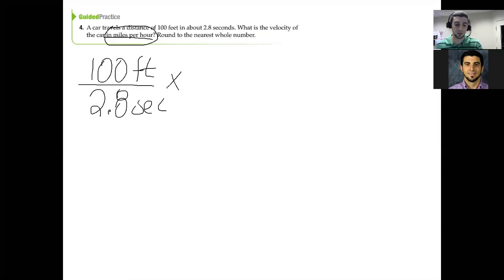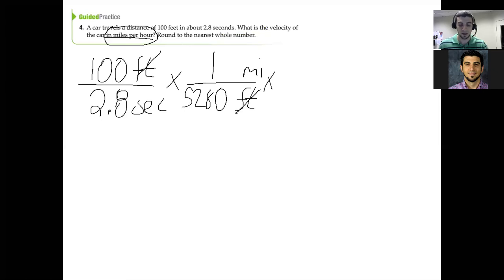Okay, so here's how I'm going to do it. I'm going to first convert the feet into miles, because we know that 5,280 feet equals 1 mile. So I need to have my feet in the denominator and the miles in the numerator because I want the feet to cancel. So 1 mile over 5,280 feet.